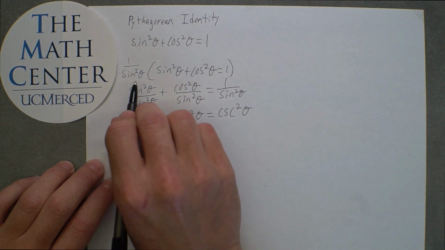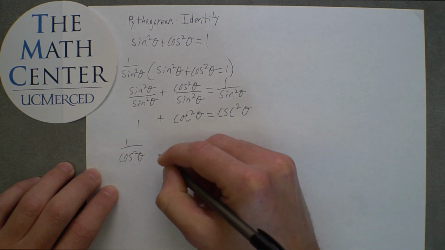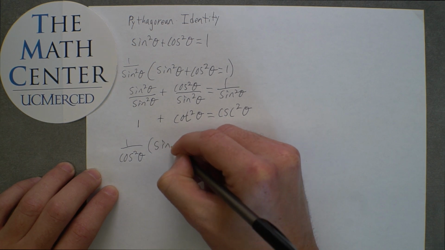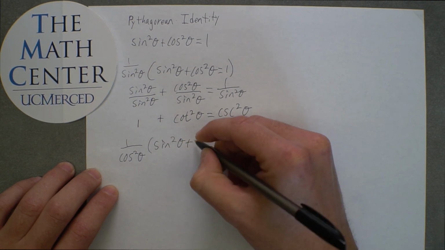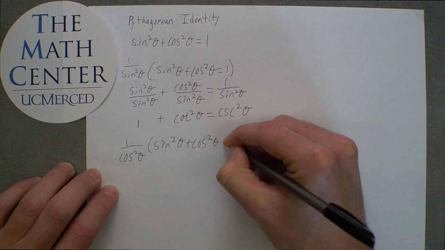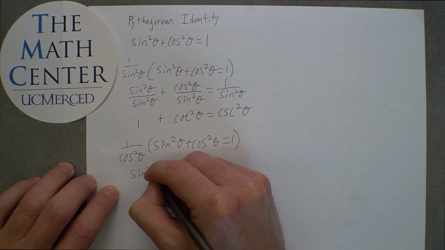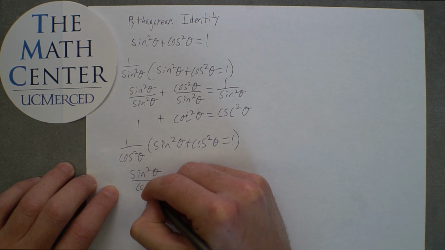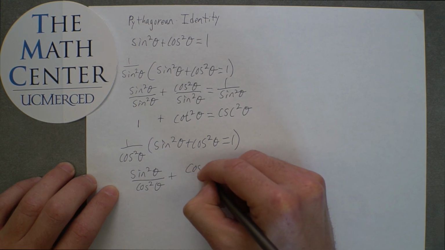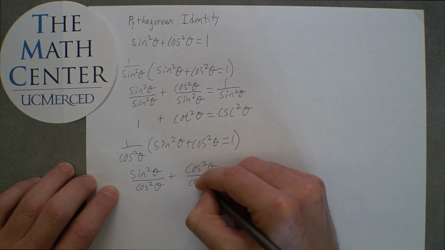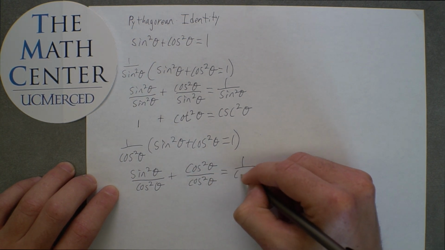Similarly, you can multiply this entire thing by 1 over cosine squared theta. So we have 1 over cosine squared theta times sine squared theta plus cosine squared theta equals 1. And we would have sine squared theta over cosine squared theta plus cosine squared theta over cosine squared theta equals 1 over cosine squared theta.